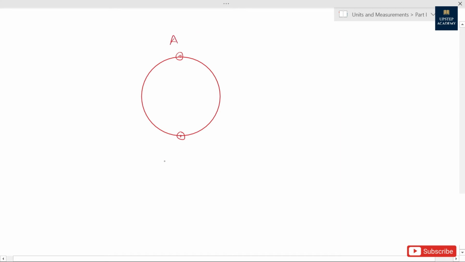Suppose these points are A and B. Here is the planet, suppose Jupiter. Now we have to measure the distance between Jupiter and earth.